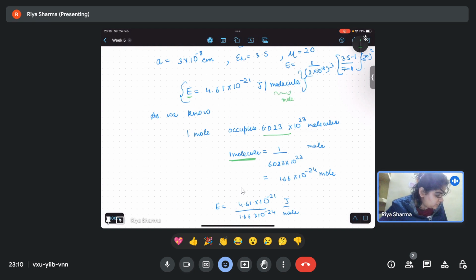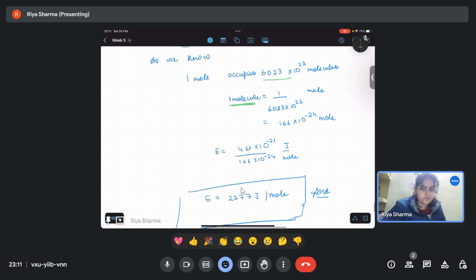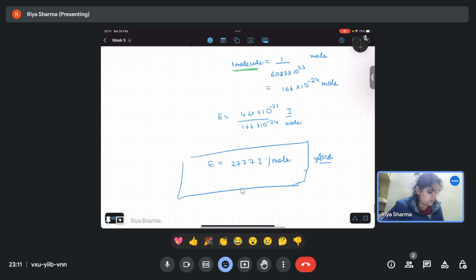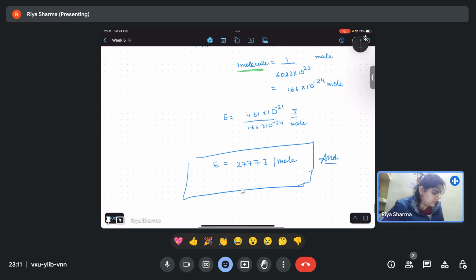We wanted to convert into moles, so we tried to compare it with the moles. So when we got it, the answer came out around to be 277 joule per mole. So this is the answer which we did.